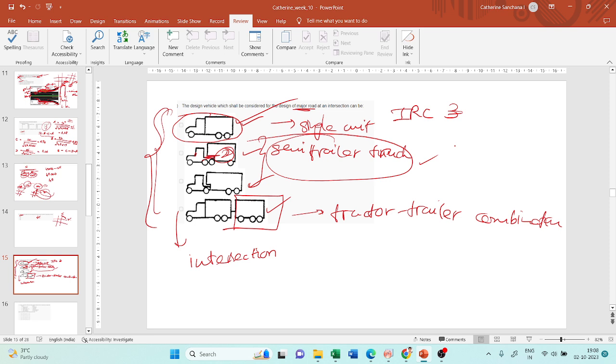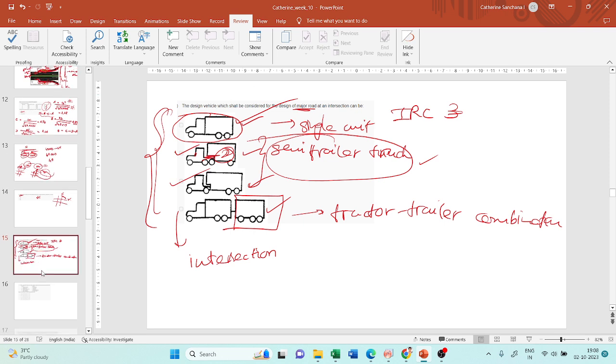And in the same way, for geometric design also, depending upon the geometric element, the design vehicle will keep changing. So for this case, for intersection, for my major road, the design vehicle is a semi-trailer truck. So both 2 and 3, B and C, are the answers to this question.